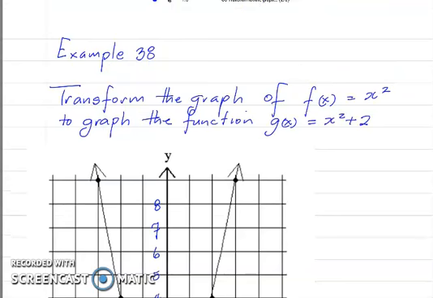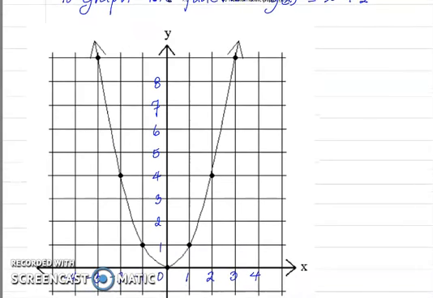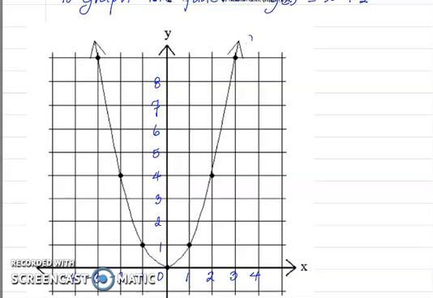Example 38 says, transform the graph of f of x is equal to x squared to the graph of the function g of x is equal to x squared plus 2. To the left here, what I have is the graph of f of x is equal to x squared. I'm being asked to transform this graph.